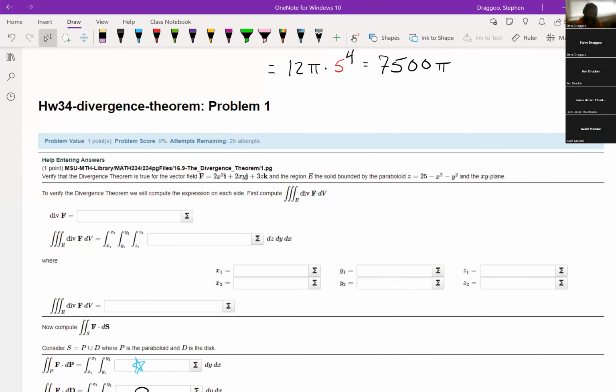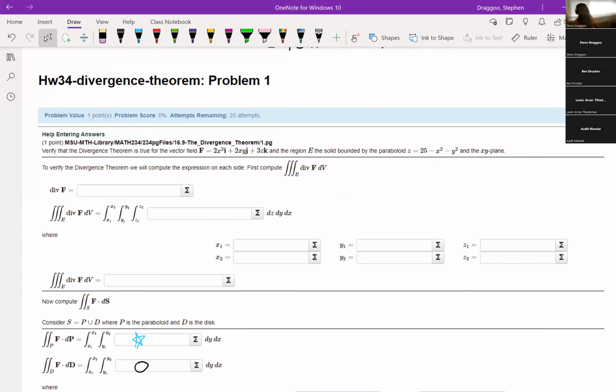It seems the thing I wanted to focus on mostly, as far as the setup that you want to be here for, is setting up one of these problems. So this one is problem 1 in the divergence theorem, which means it's asking us to do both sides of the divergence theorem and just verify that we get the same answer.